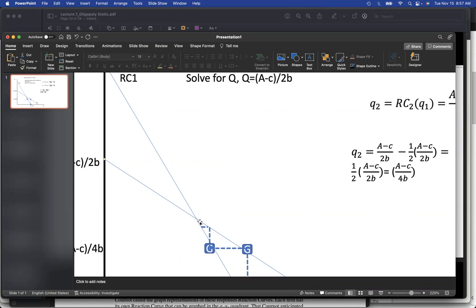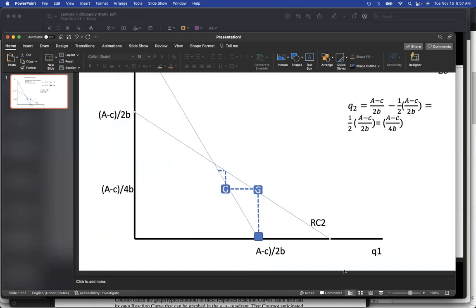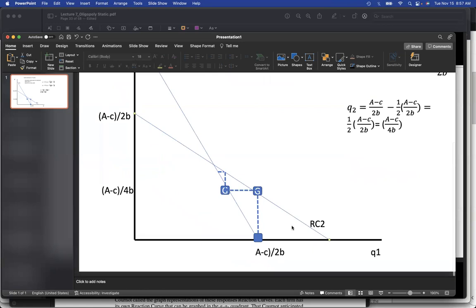So pareho yung kanilang expectation, and their expectations were seen to be correct, and therefore they have no incentive to change because each output level is the optimal or the best response, quote unquote best response to each other. Whereas in all other cases that we've talked about here, hindi siya yung best response. Kaya gumagalaw siya, kaya nagbabago.